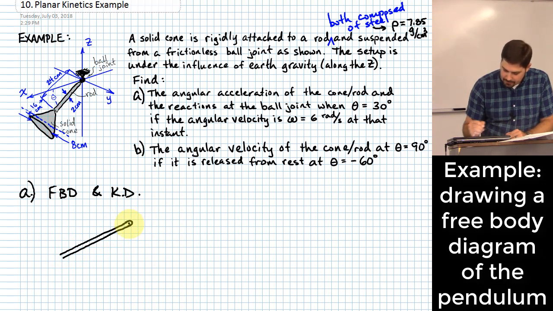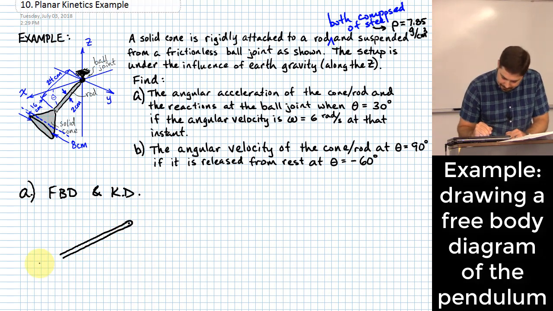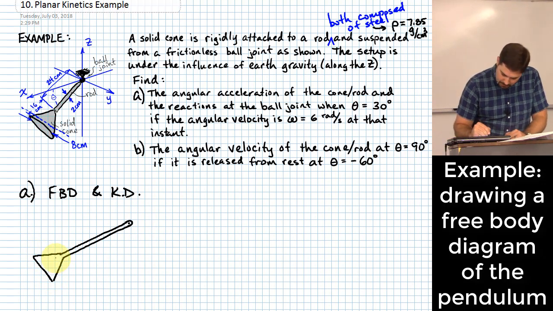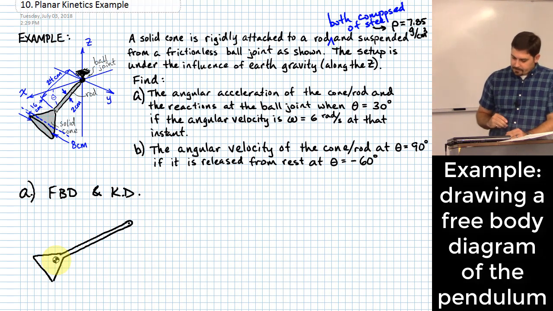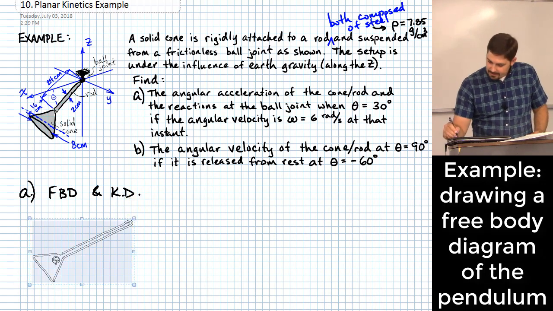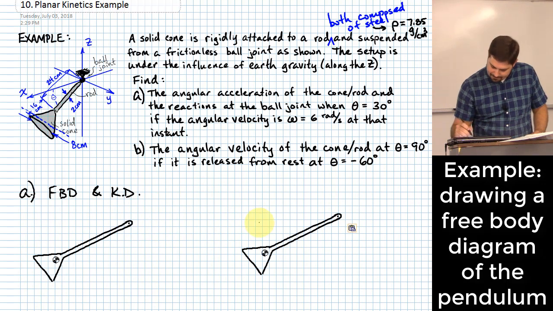That rod would pivot around some point. I'd have this cone down here, and the CG of the cone would be right about here. Before I start drawing much of anything on here, I'm going to copy this real quick so that I have the same thing over here for my kinetic diagram.